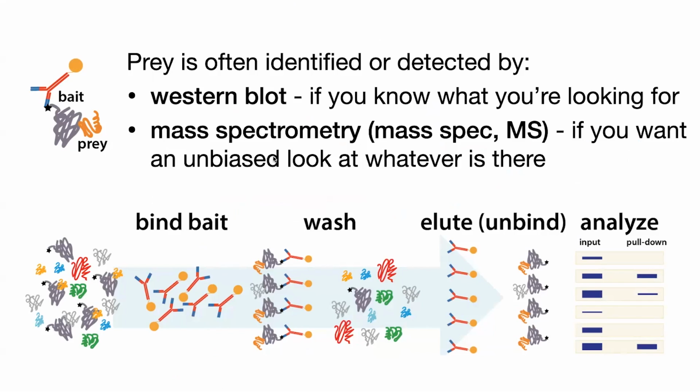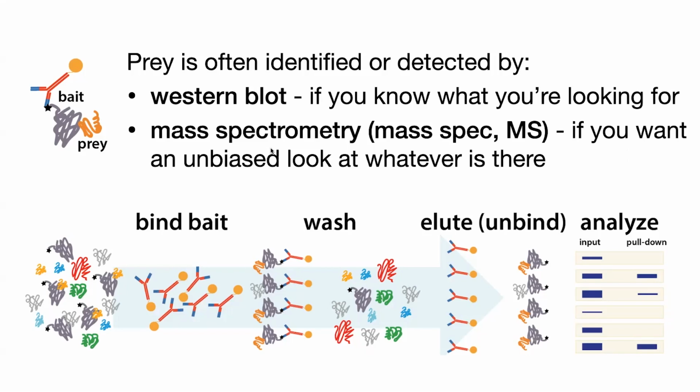If you want to see whatever's bound there, you can use mass spectrometry. Sometimes you might see this abbreviated MS, and you might see IPMS for immunoprecipitation mass spectrometry. Here it gives you an unbiased look at whatever there is. Basically, mass spec takes all those different proteins and chops them up into smaller pieces.